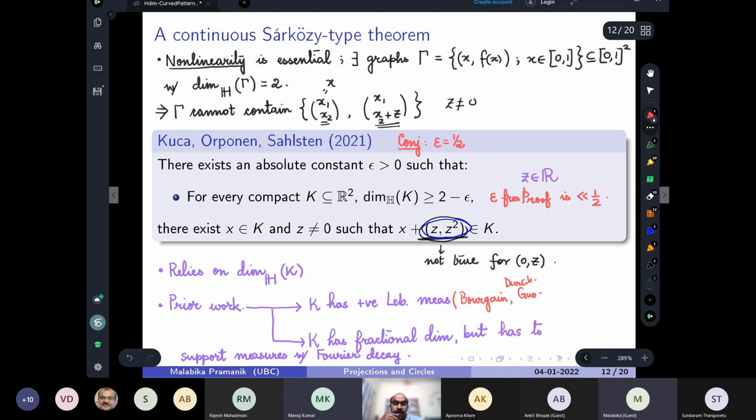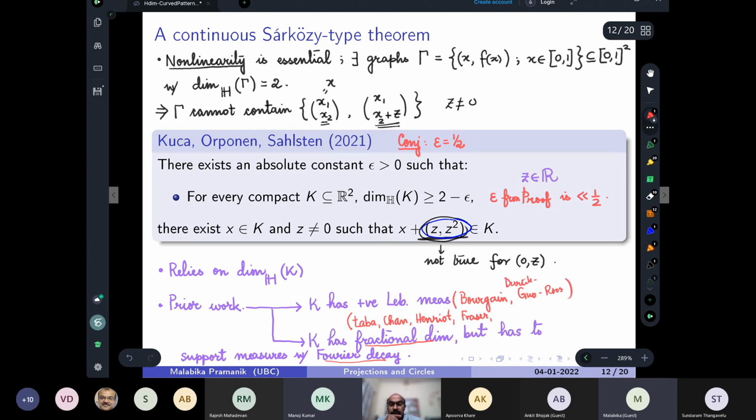But in the other direction, this is the one direction that Naru, you were talking about, is the sets have fractional dimension, but we had to assume that it supports measures with Fourier decay. This is the work that was jointly with Isabella Laba, our students Vincent Chan, our postdoc Kevin Oreo, and others. Robert Fraser and so on.